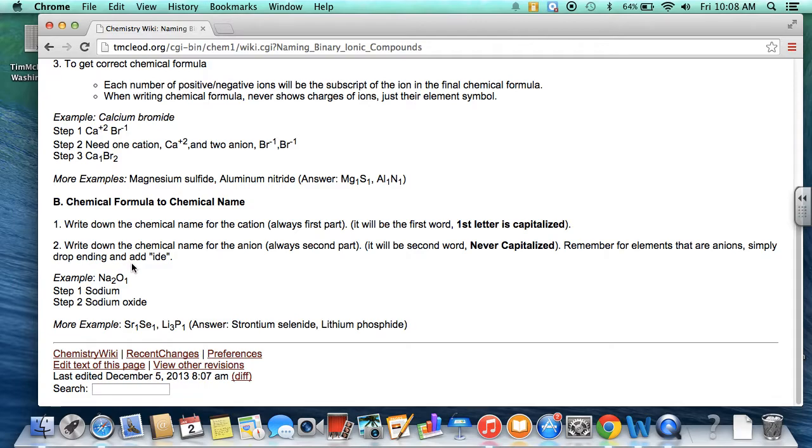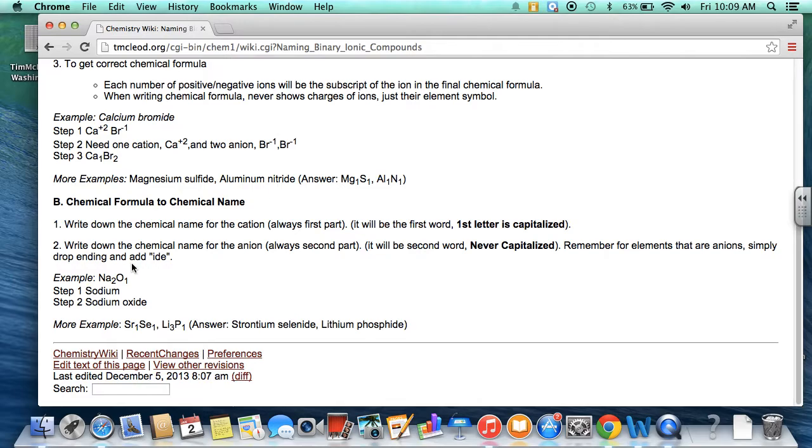Just to recap, the most important thing is that the subscripts mean the total number of ions you need so that the total positive charge, that is, how many electrons have been lost by the atoms that are now the cation, must be equal to the total negative charge, which is the number of electrons that the anions have taken in.